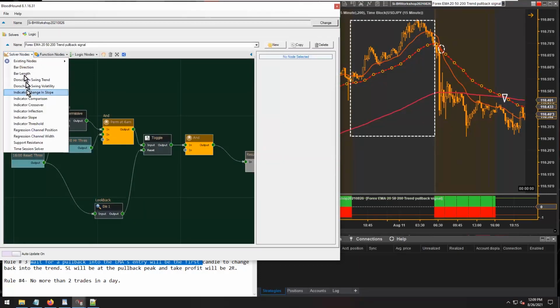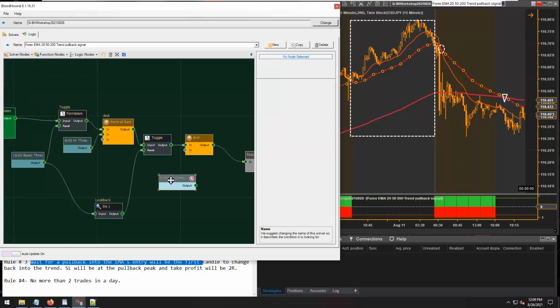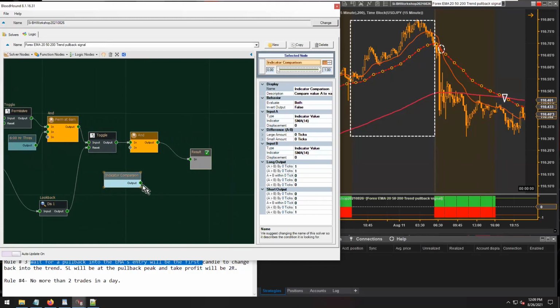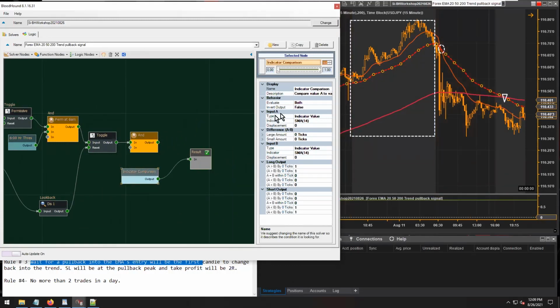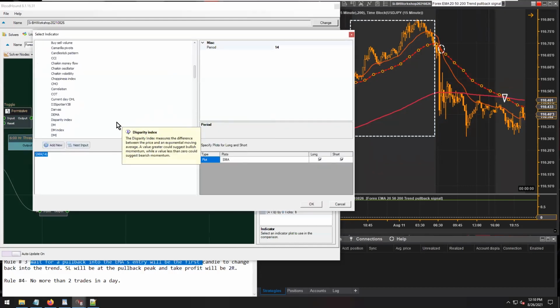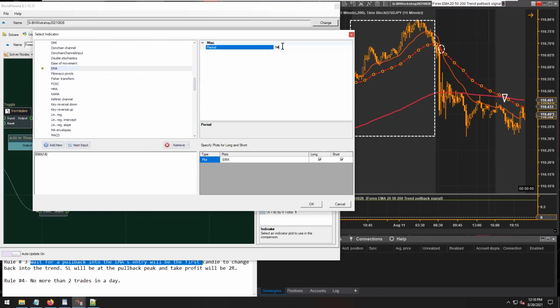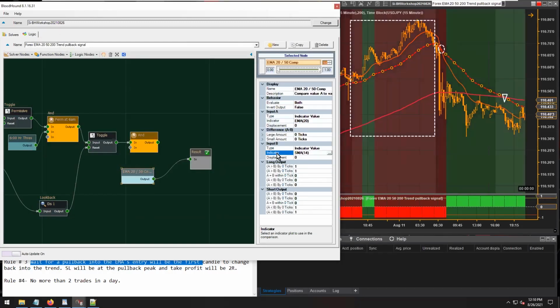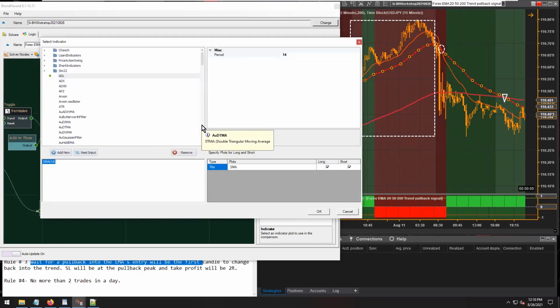All right, so instead, let's do a comparison. We'll just compare the 20 to the 50. If the 20 is above the 50, then we know we're on a long day. So input A will be our EMA 20, and input B down here will be our EMA 50.